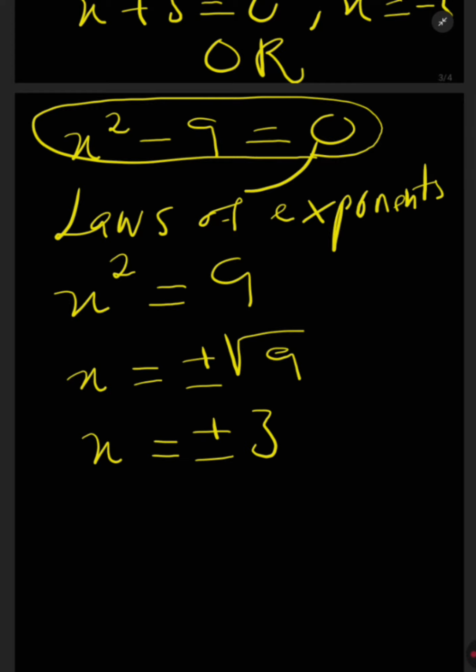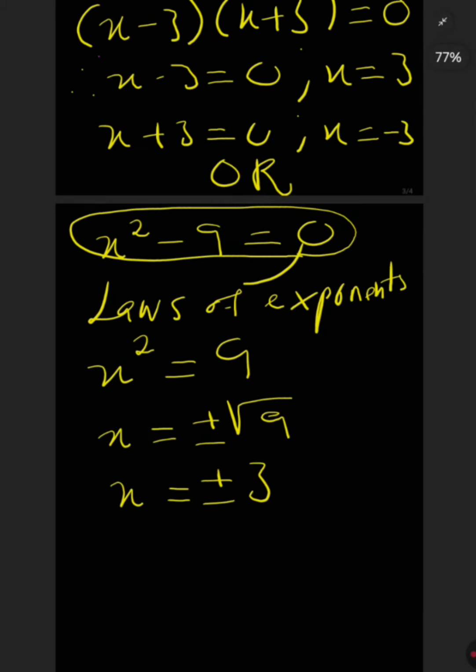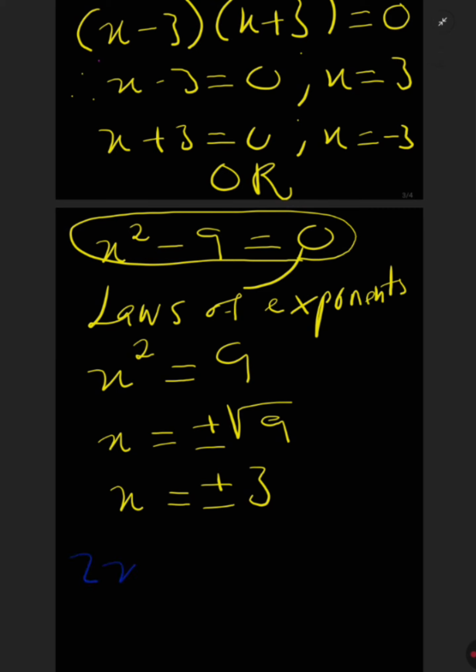Done. Now let's look at the blue factor, which is 2x plus 1. So you should have 2x plus 1 equals 0. What do you do now? You take plus 1 to the other side to become minus 1.